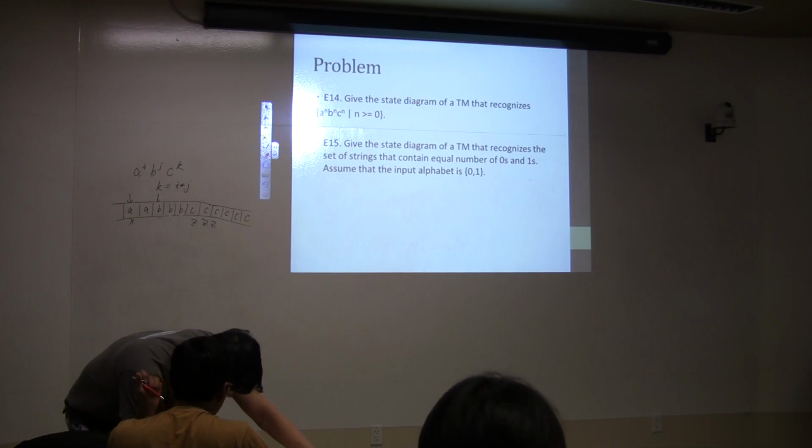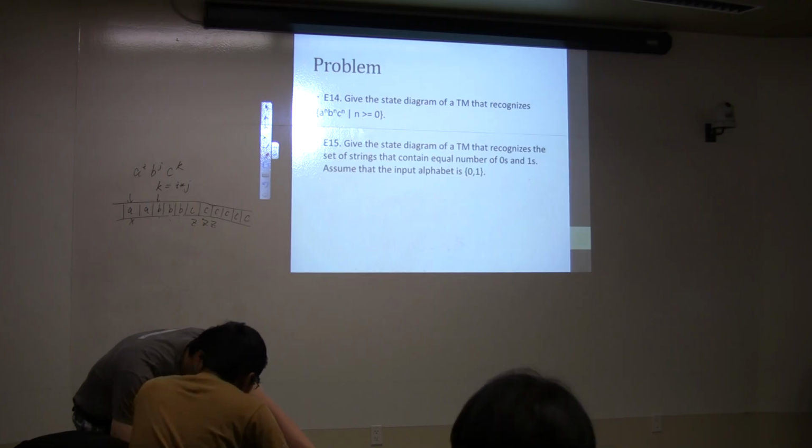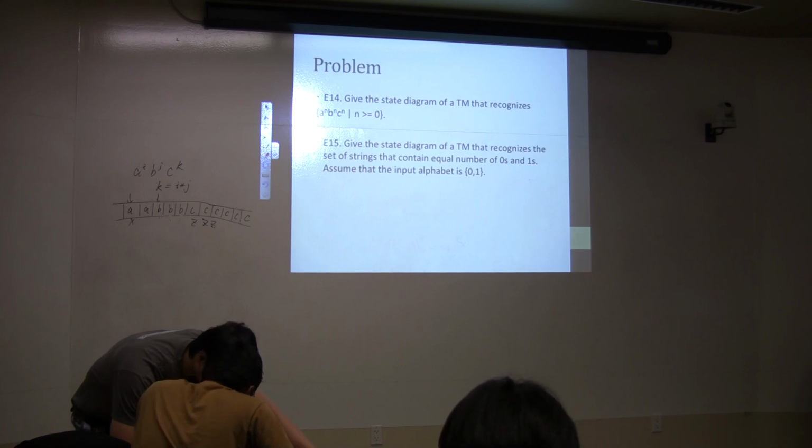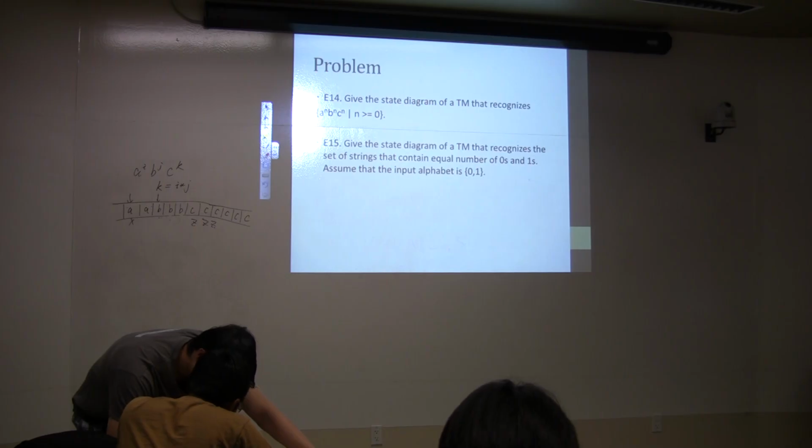You go left until you see a B. But then you basically cross out the last B's instead of the first. So basically, you go left until you see the first B from the back.